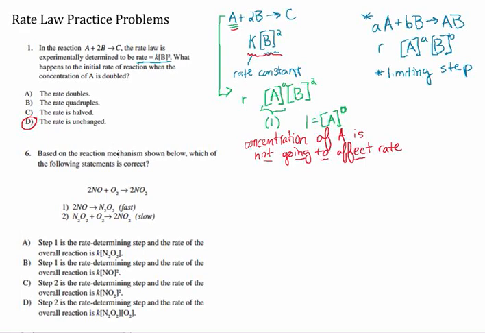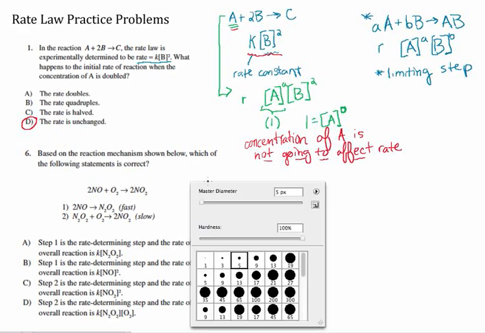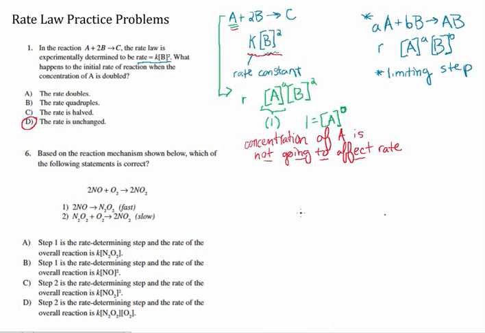So let's take a quick look at number 6. Based on the reaction mechanism shown below, which of the following statements is correct? Okay, well, you might remember this equation here from our initial conversation. Oops, sorry about that. Having to do with the reaction mechanism, right? So again, notice the pattern here in terms of the answer choices.